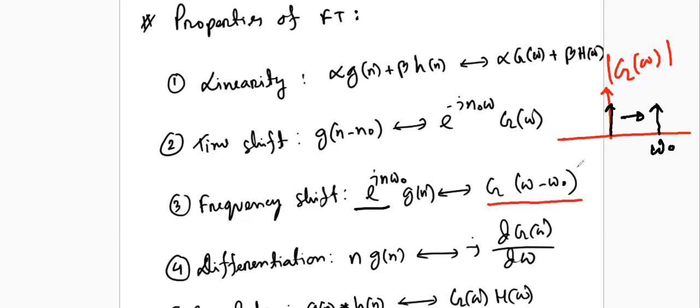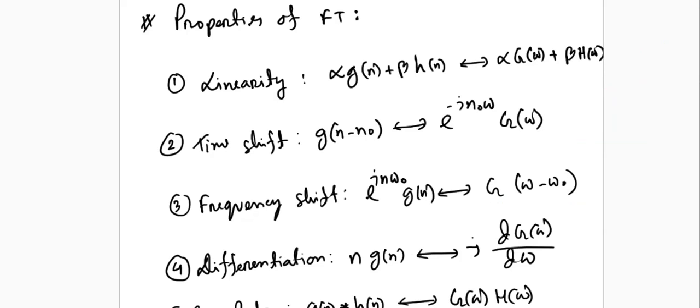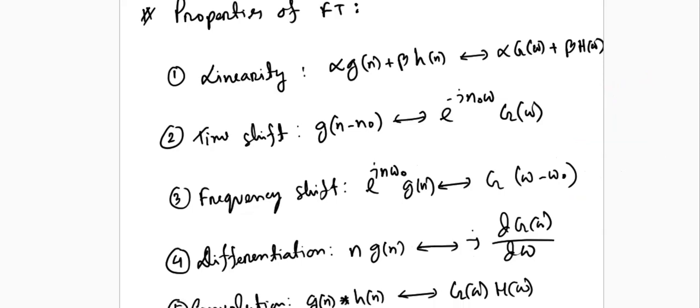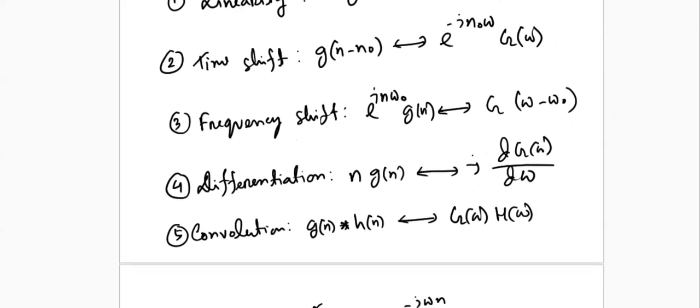So it is very simple to observe that if we are shifting the frequency in the frequency domain, that is equivalent to the multiplication of the time domain sequence with e to the power j omega 0. That means the frequency you have shifted. The proof is given in the book as well. So if you find it difficult, then of course we can discuss this.